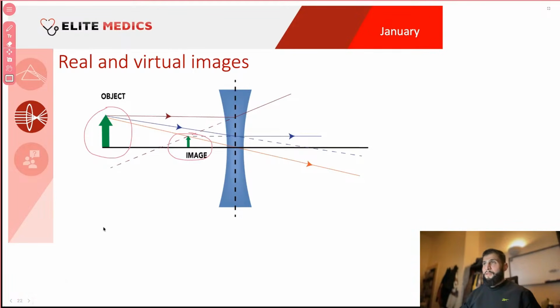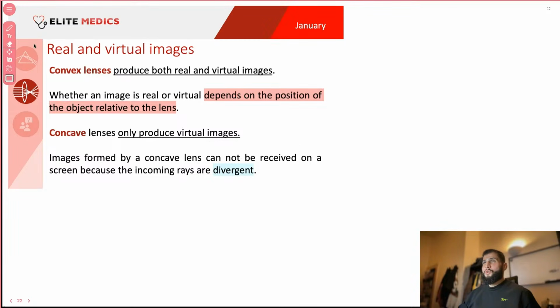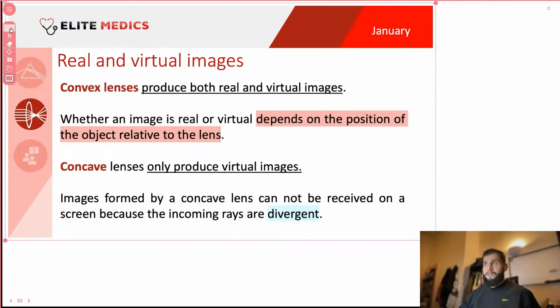Okay, that's kind of the idea here. So let's relate both concave and convex to whether they present real images or virtual images. When we're thinking about convex, how does that look again?